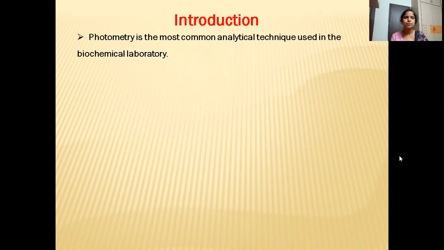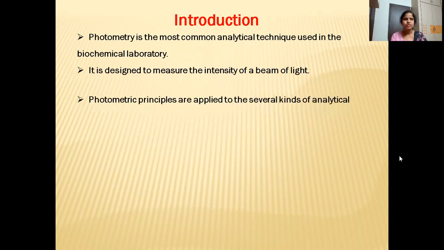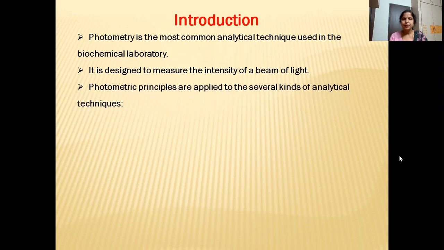Photometry is the most common analytical technique used in the biochemical laboratory. It is designed to measure the intensity of a beam of light. And the principles are applied to several kinds of analytical techniques. So the same principle we actually apply for colorimetry and even spectrophotometry, any IR, UV, anything it may be.